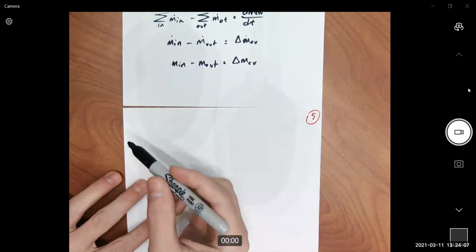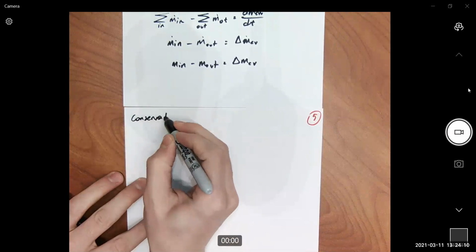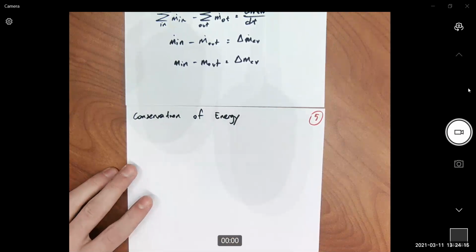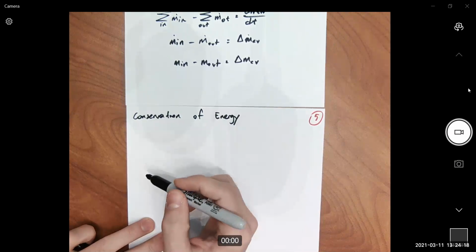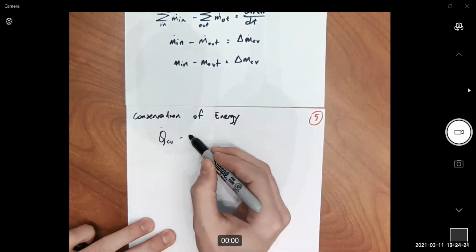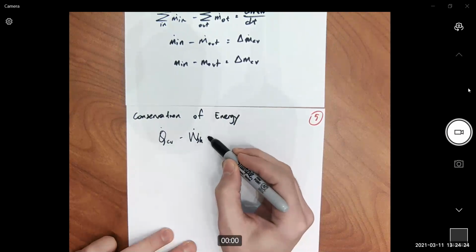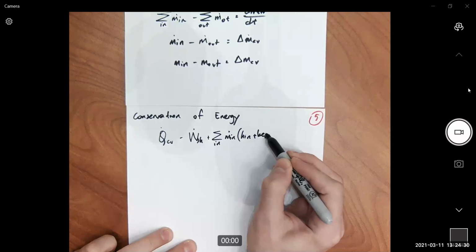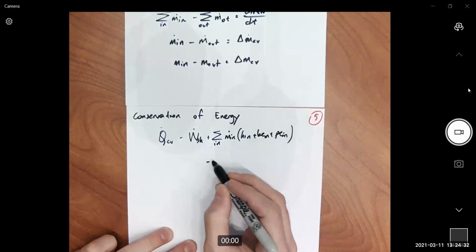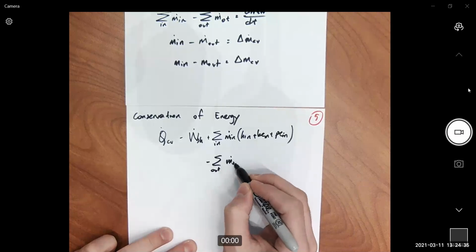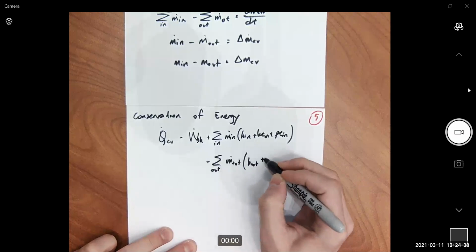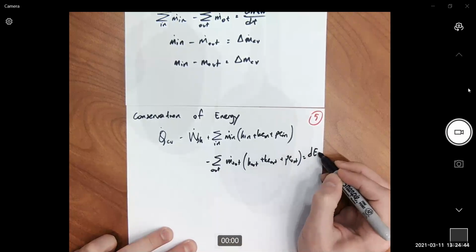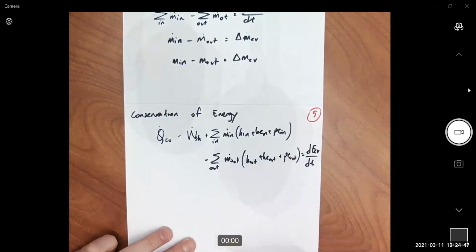Let's also write our conservation of energy. What is my conservation of energy? Q control volume minus shaft work plus the sum of m in times h in plus kinetic energy in plus potential energy in, minus m out times h out plus kinetic energy out plus potential energy out, equals the energy accumulation in the system.